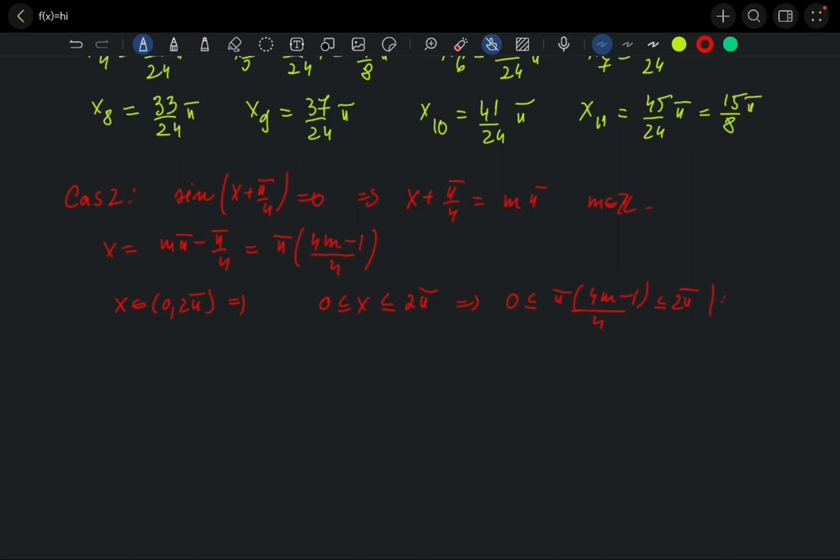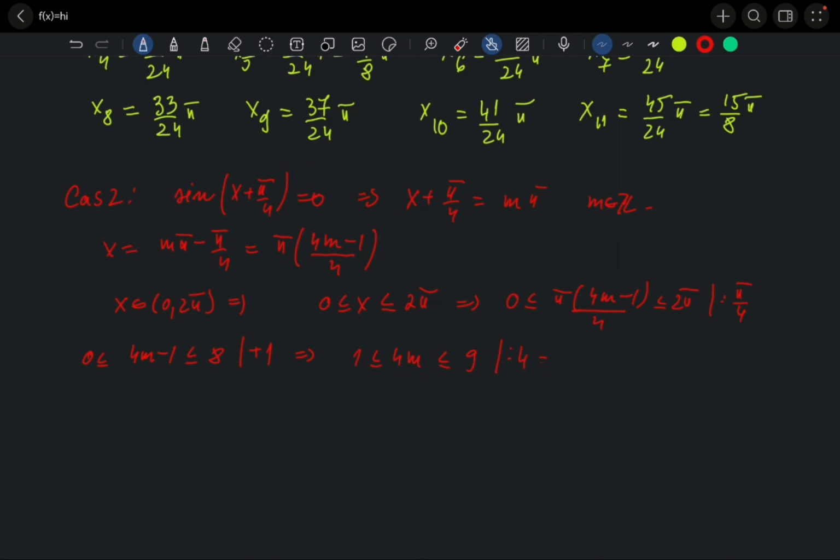We divide the entire double inequality by pi over 4, and we'll get 0 is less than or equal to 4m minus 1, which is less than or equal to 8. Now we add 1 on both sides, and we'll get 1 is less than or equal to 4m, which is less than or equal to 9.